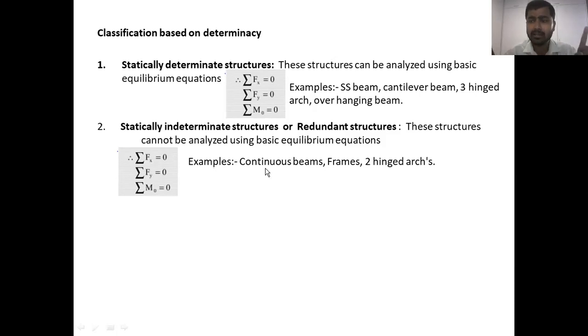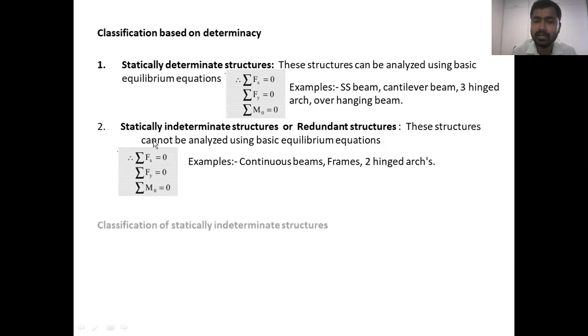Let us take it as 4 or 5 columns. There you are going to generate 4 equations, but we have only 3 equilibrium equations. I can't solve this one, so we should have some method to solve it. Yes, so here we are going to talk about an energy method. Not now, but in a later lecture I will be talking about energy methods.